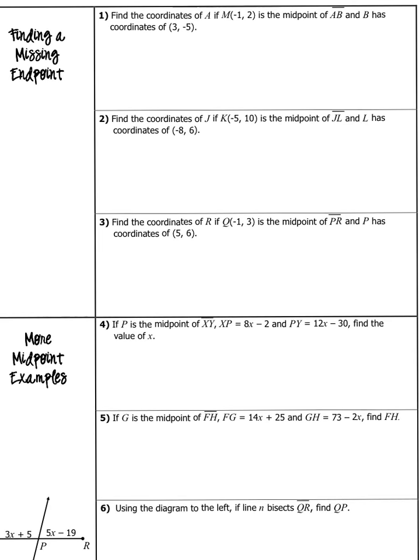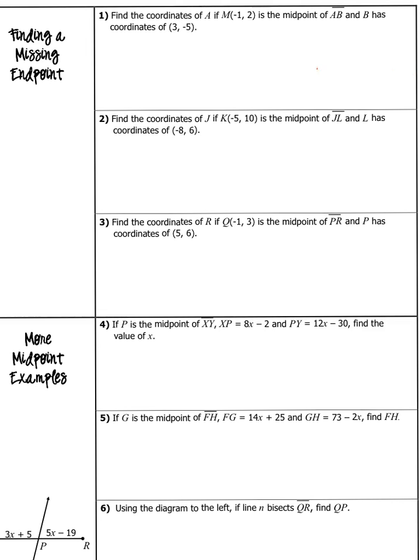If I have a line like this, and I would have an A with a coordinate of some sort, and I would have -1 and 2 as my midpoint, and I would have my B at 3, -5. I'm not drawing this right. Let me redraw this.